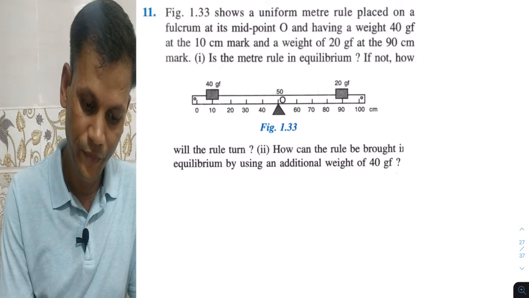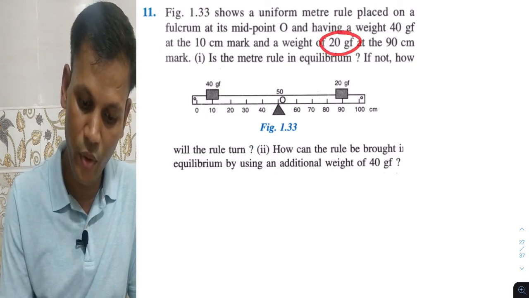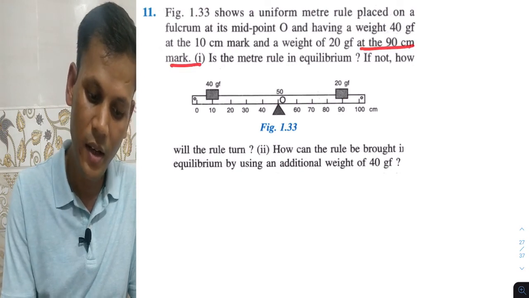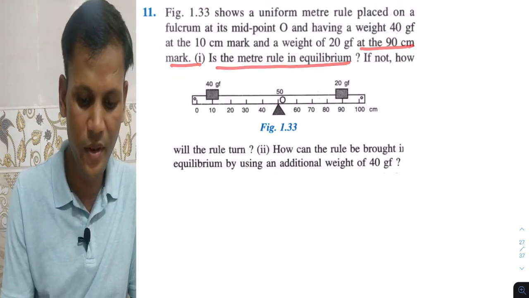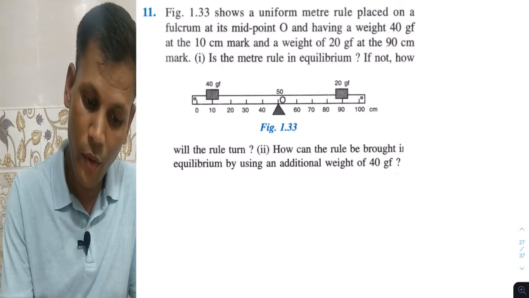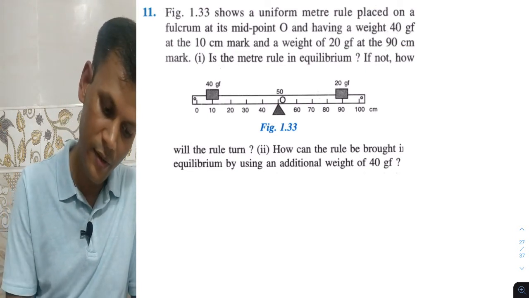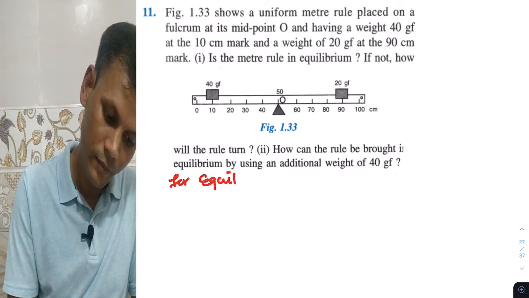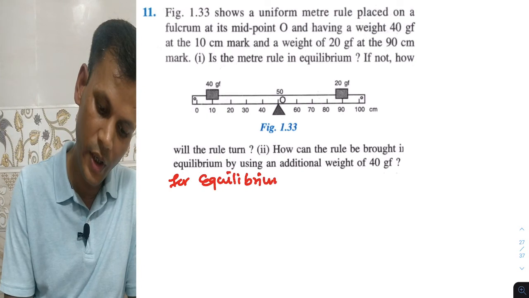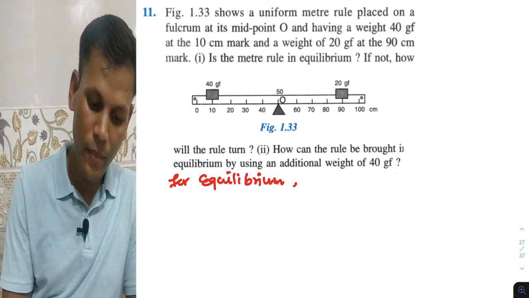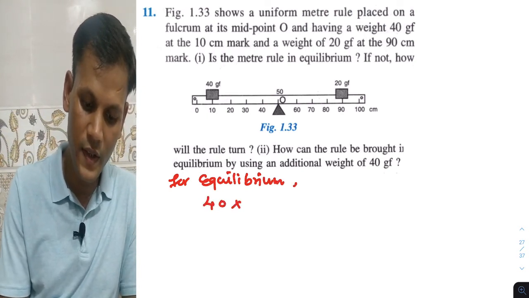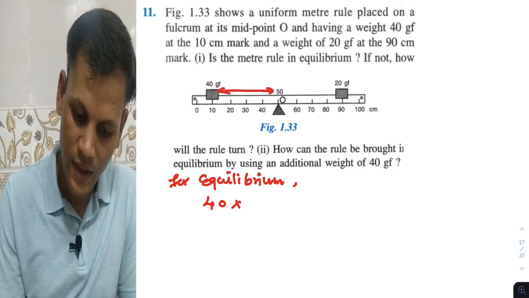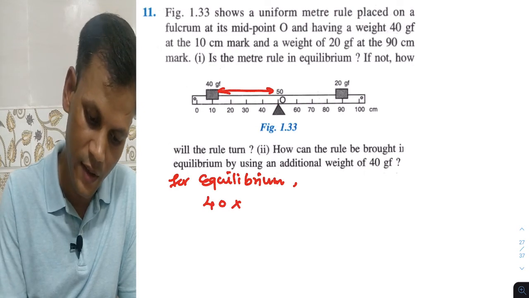And a weight of 20 gram force is at the 90 centimeter mark. Is the meter rule in equilibrium? That we have to check. For equilibrium, what should happen? 40 into this distance, which is 50 minus 10, that is 40.